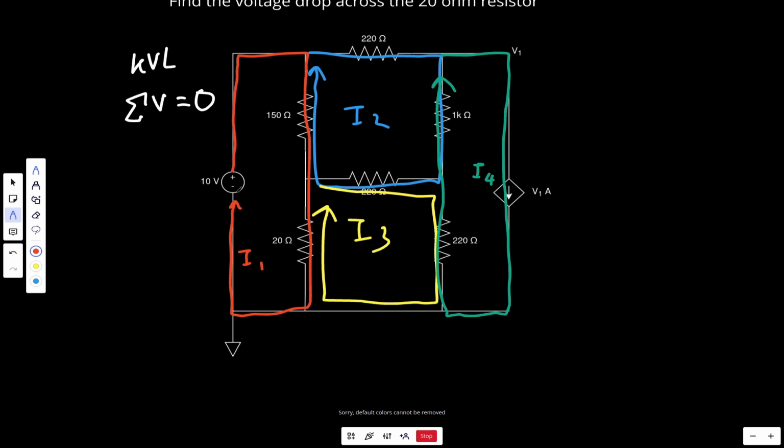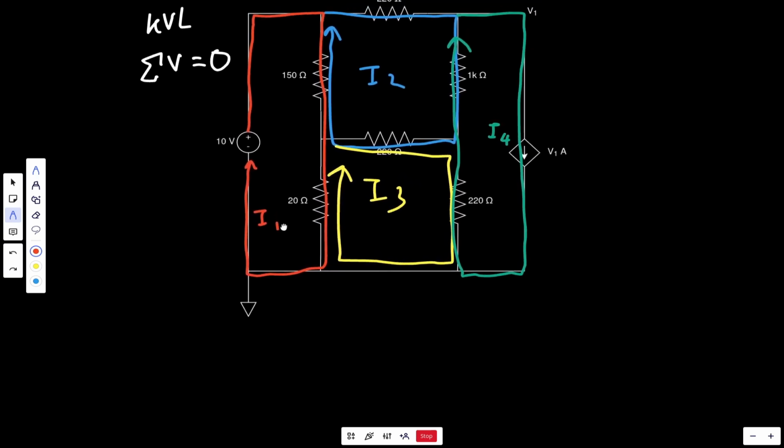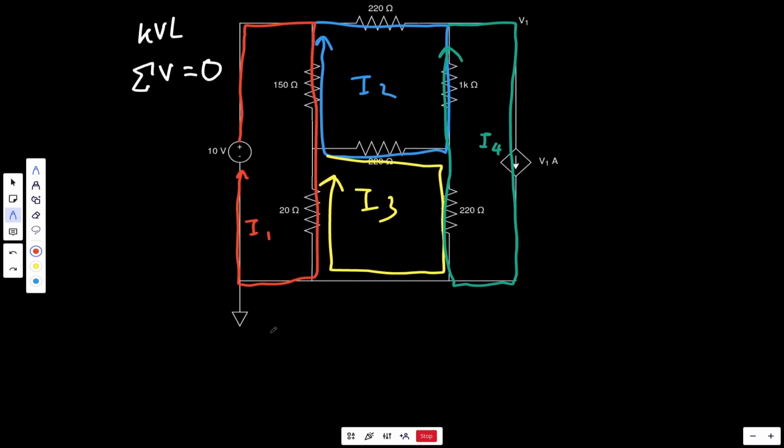As you enter a battery's negative terminal, my convention, obviously you can choose your own convention, but my convention is that you start off with negative 10, because you're entering a negative terminal, so it's going to be negative of whatever the battery's magnitude is. Then I add on some voltage lost due to this current going through the resistor. However, because this current is going in this direction, it wants to go down.